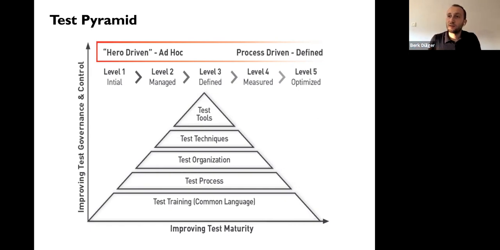Let's say, rather than running all the possibilities, let's say 100,000 test cases, we just run 200 test cases that a specific test technique tells us. We are able to find more than 80 or 90% of defects, which is very important. Techniques tell us which test cases, which test scenarios are important to run.